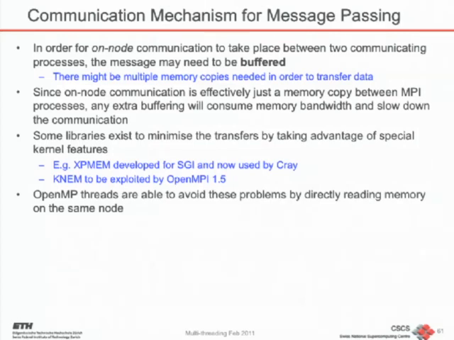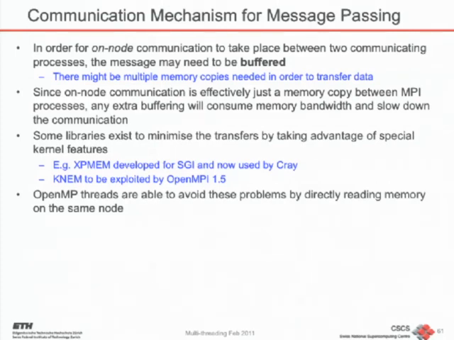But effectively, all this is just a copy between two processes. And so there are some libraries that have been developed to minimize these transfers. On the Cray, you will see XPMem. This was developed by SGI, although Cray may actually say it was developed before that by them, before giving a branding or whatever. And there's also something now called KNEM that's being exploited by OpenMPI.